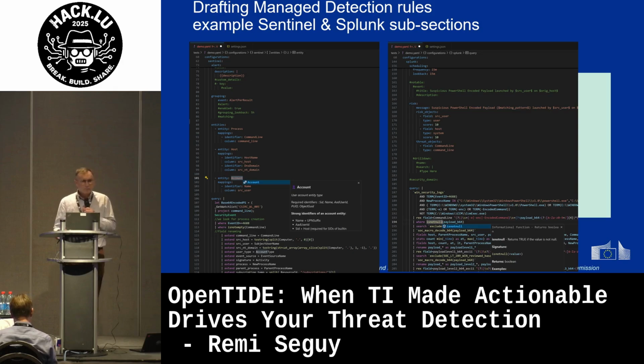Here is an example for the detection rules where we have the detection rule, the top with the metadata, and we have subsections to define not only the query, but all the parameters to deploy the detection on the platforms. On the left, for the same detection rule, you have the KQL, Sentinel part. On the right, the Splunk part.